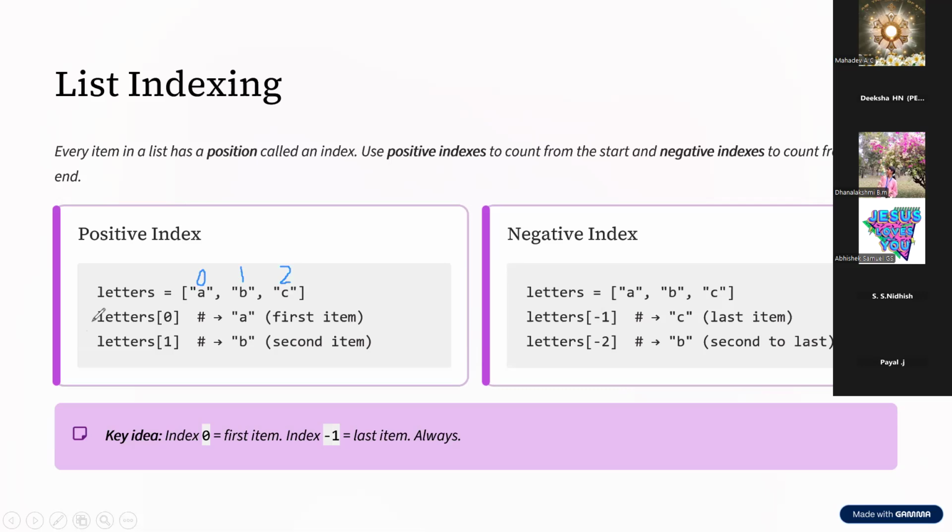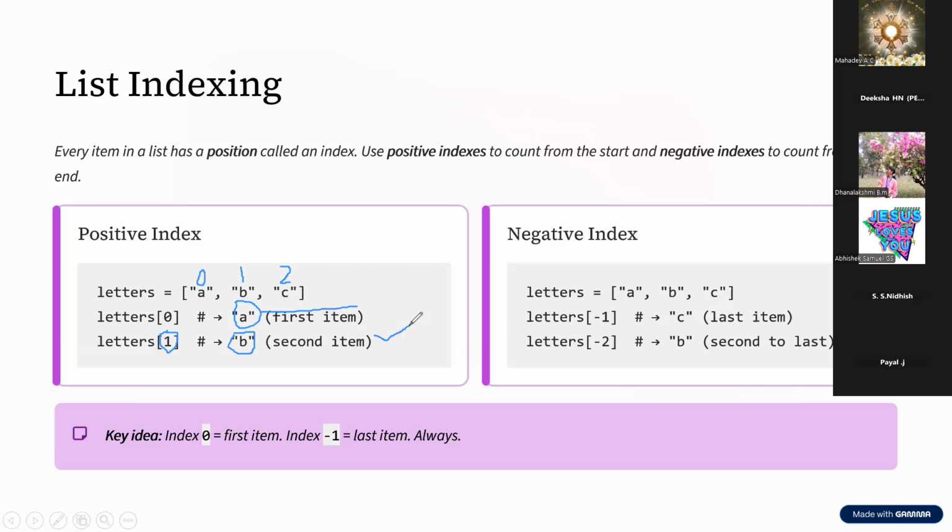Now, according to the code, we can see letters bracket 0, so it's going to print the letter A, the first item. In the next line, 1 is going to print B, which is the second item in the list.